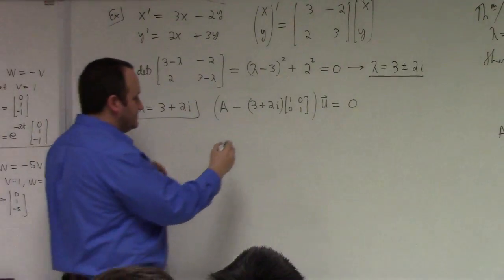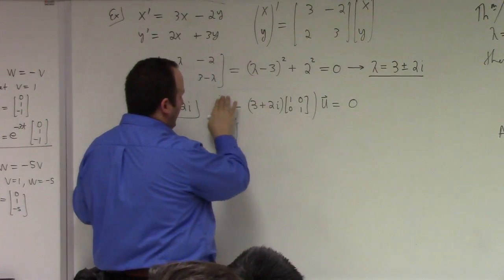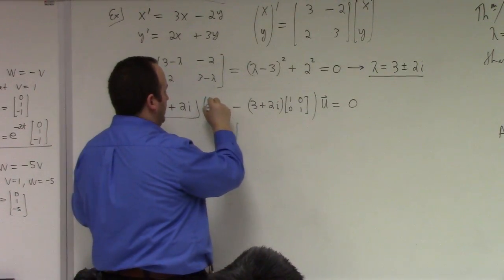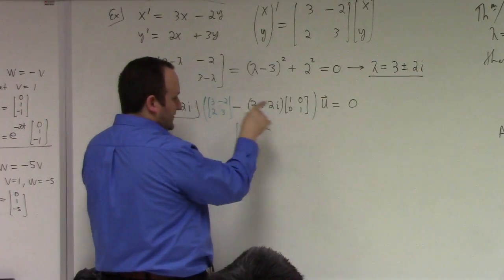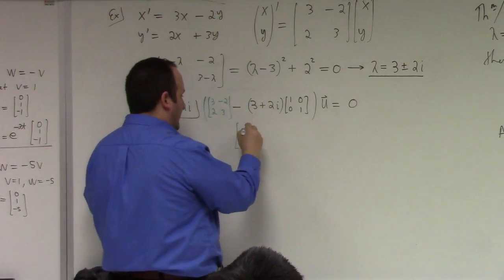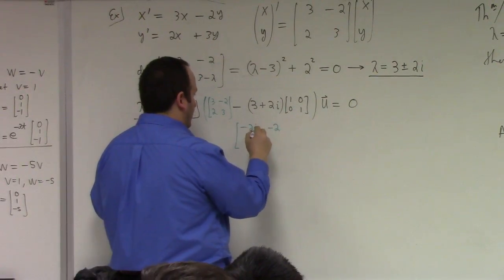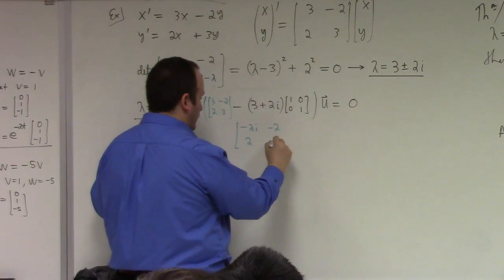So this here is what? What happens to the A? What's A here? 3, minus 2, 2, 3, right? So the 3's are canceling, right? And so I got myself minus 2i, minus 2, 2, and minus 2i, yeah?